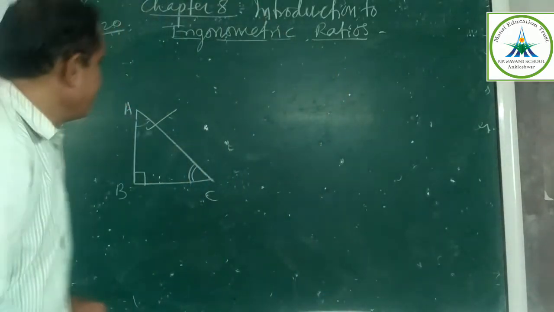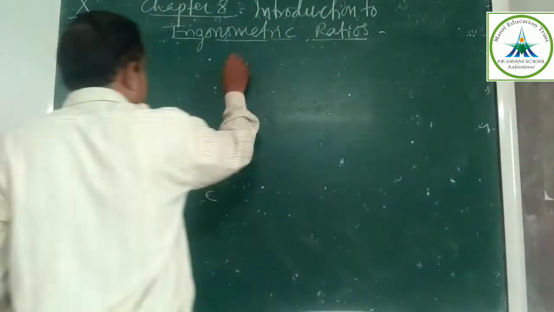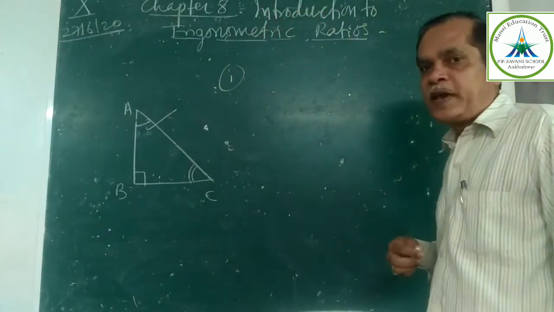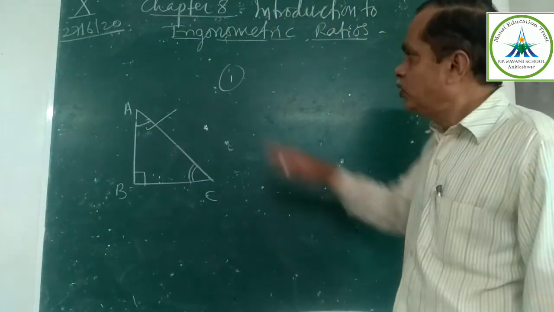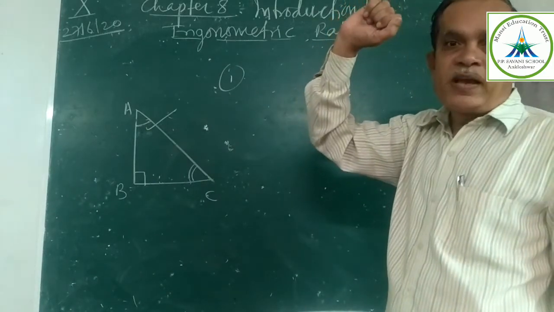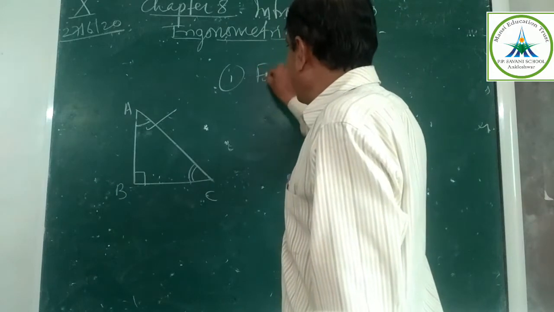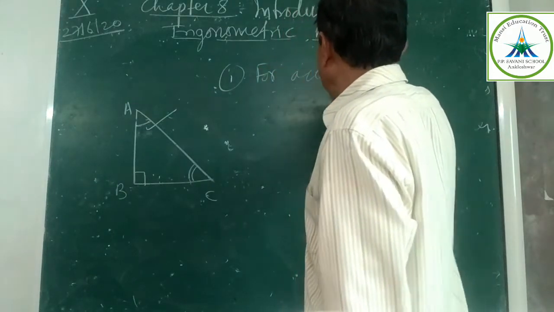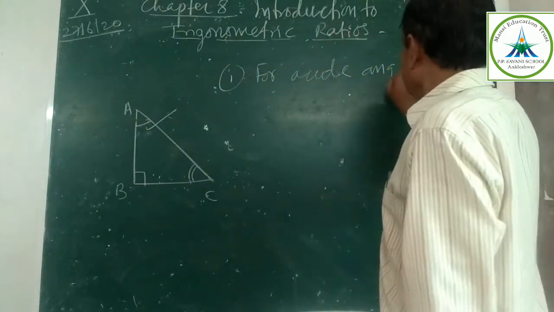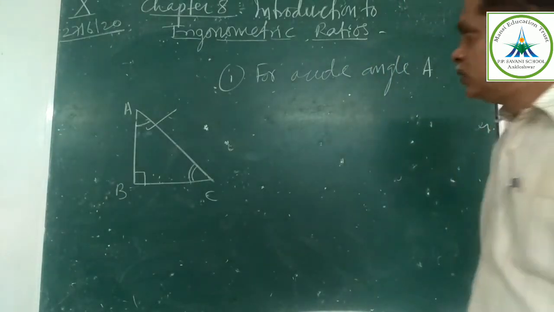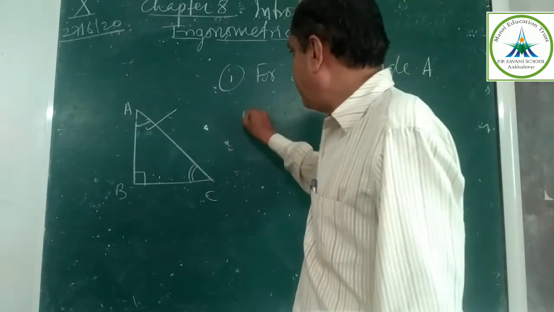See, I am taking angle A. We are just making ratios of the sides with respect to acute angles, right? Number one, for acute angle A. See, I am making ratios.